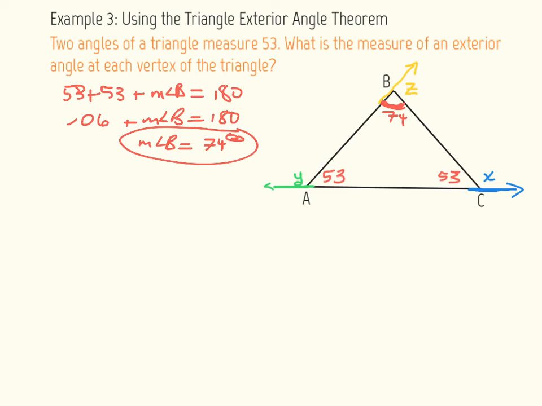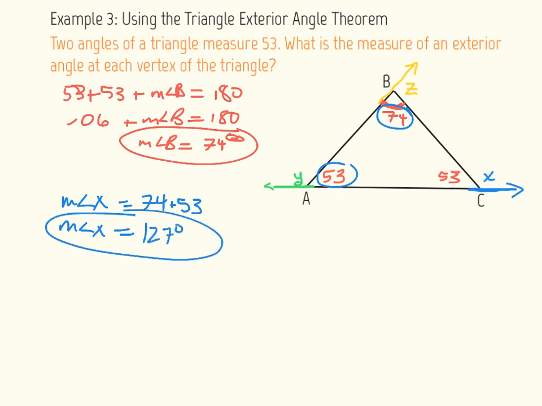So when I'm looking for X, my remote interior angles are 74 and 53. So the measure of angle X is going to equal 74 plus 53, giving me the measure of angle X equal to 127 degrees.